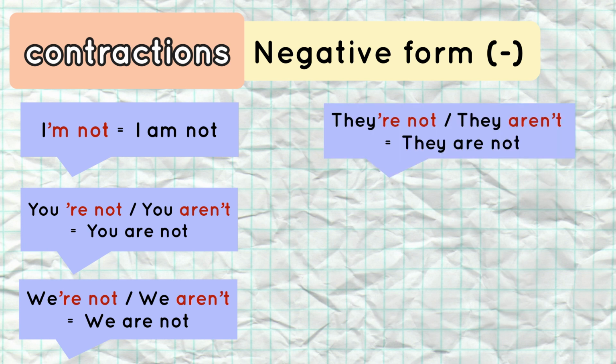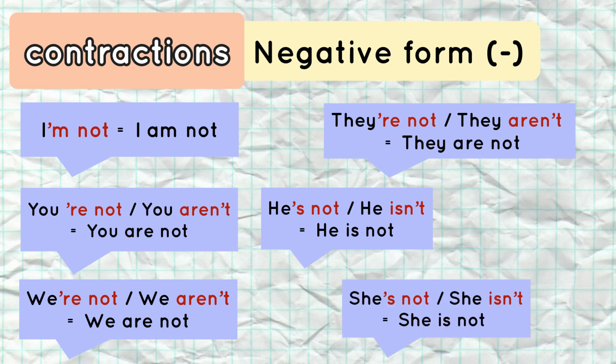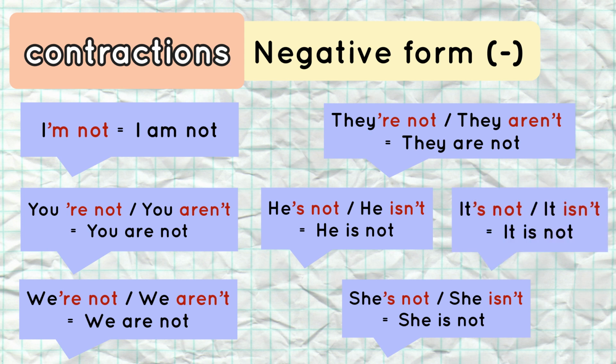They're not or they aren't for they are not. We can say he's not or he isn't for he is not. She's not or she isn't for she is not. And it's not or it isn't for it is not.